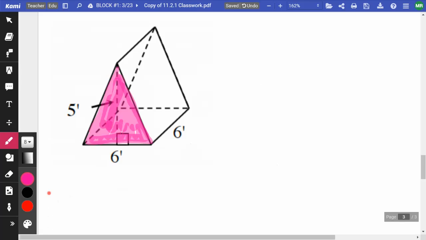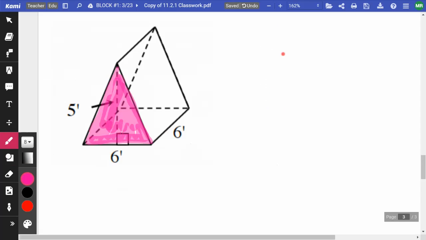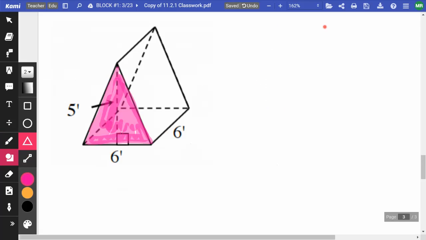Okay, so when I'm trying to find that area, I'm just going to make a triangle here. Whoops, that's a line, not what I wanted. Triangle. Try it again, triangle, okay? So I've got this triangle here.